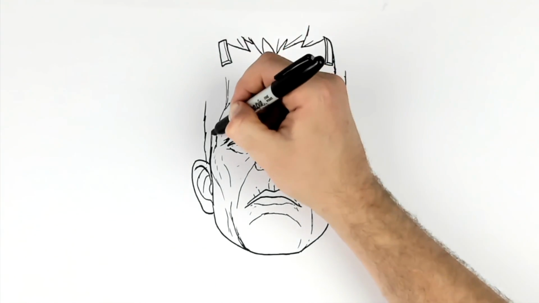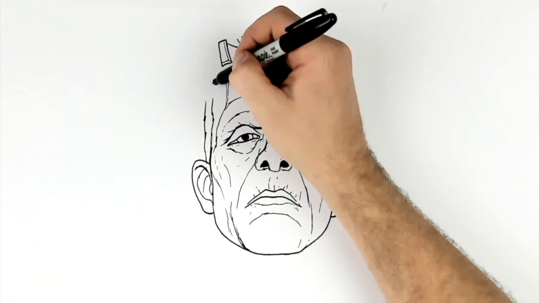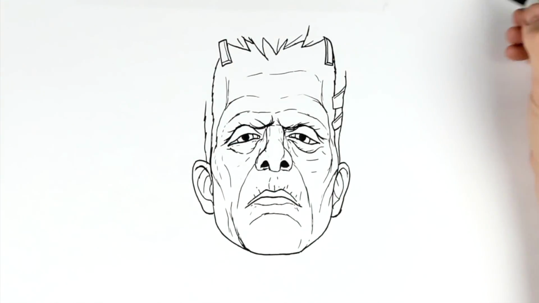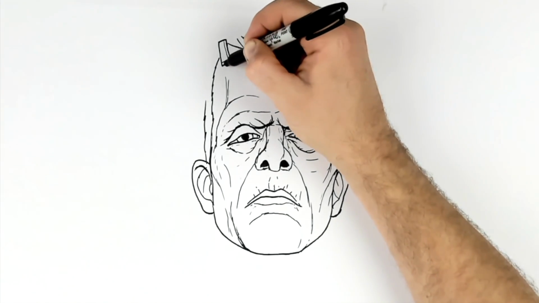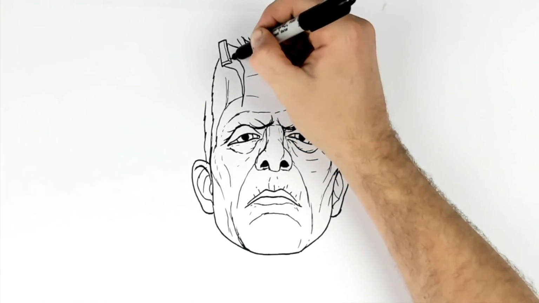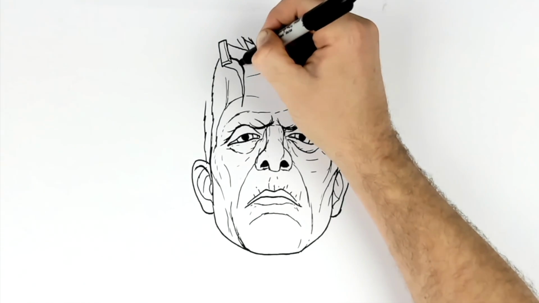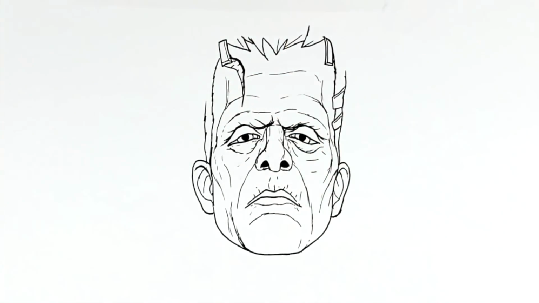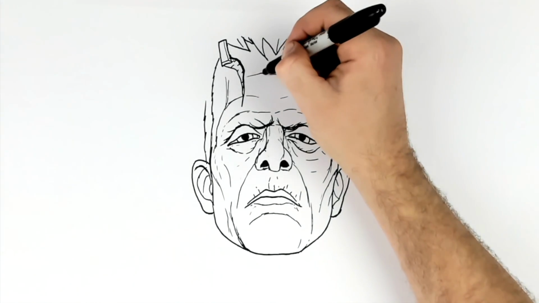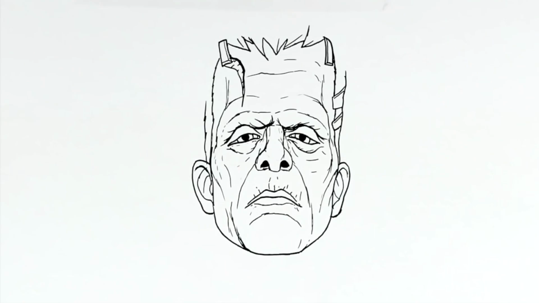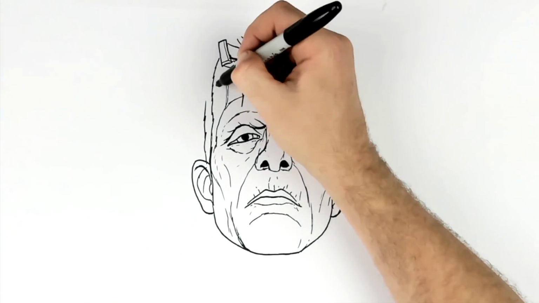Then his hairline over the other side, just these sort of zigzag, sketchy lines going up that way. And he does have a scar here running down his head. Just there. Right, so then the rest of his hair.